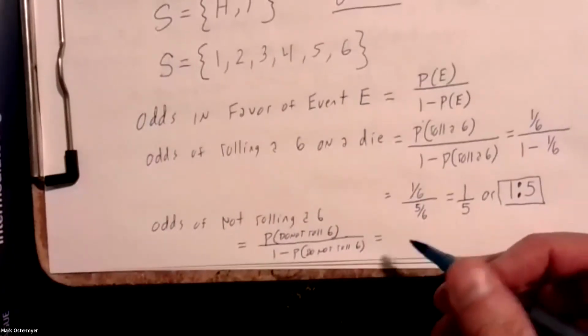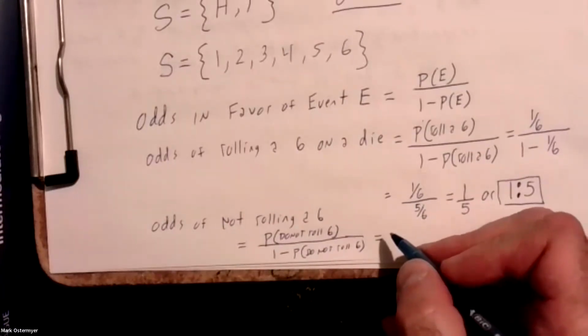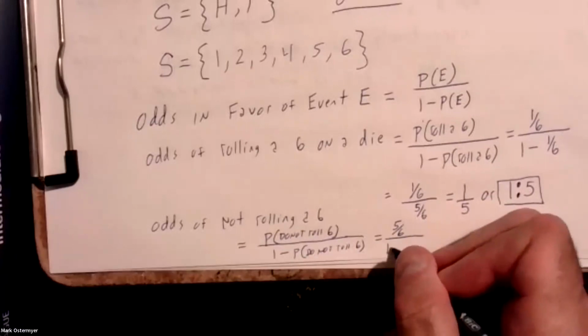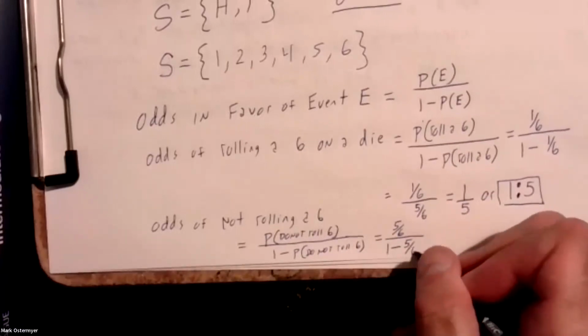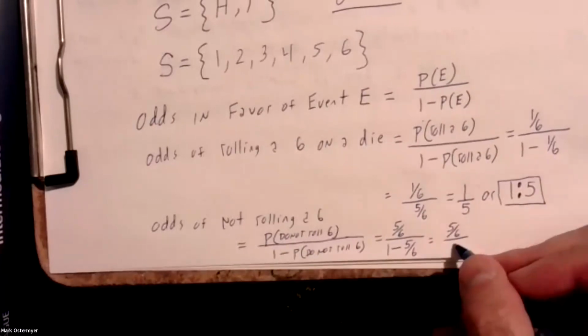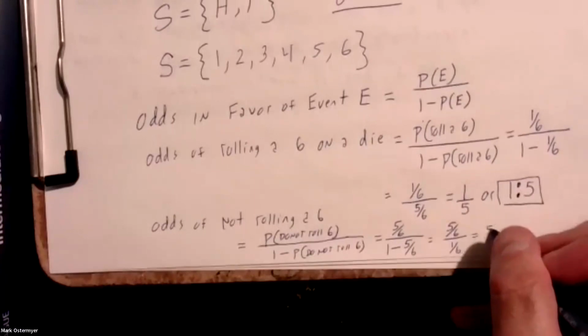The probability of not rolling a 6 is going to be what? That we roll a 1, 2, 3, 4, or 5. That's going to be 5/6, divided by 1 minus 5/6. So this is going to be 5/6 divided by 6/6 minus 5/6, which is 1/6. This is going to be 5 to 1 odds.